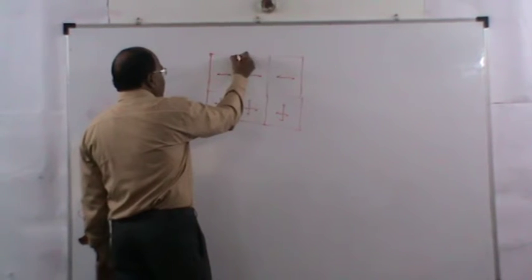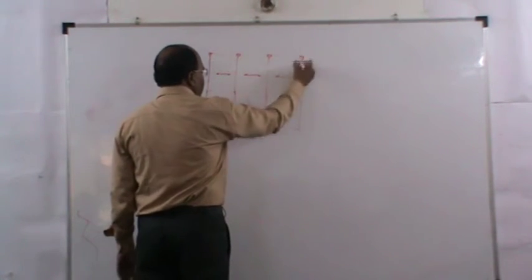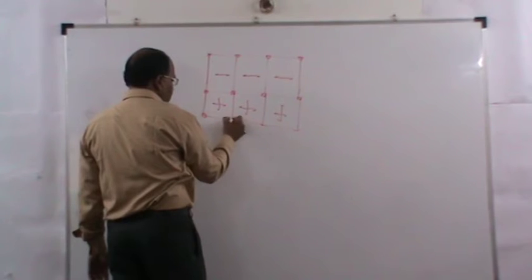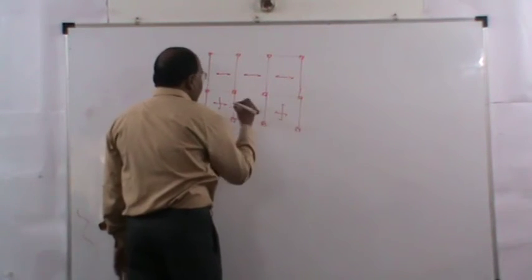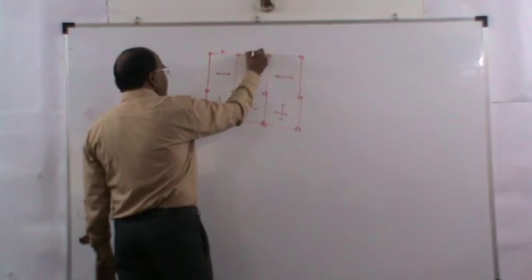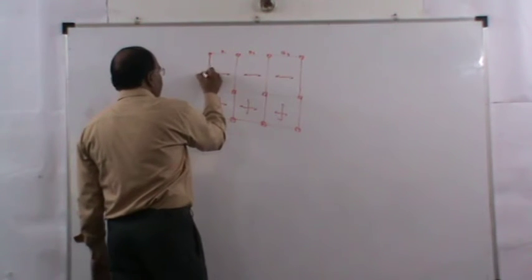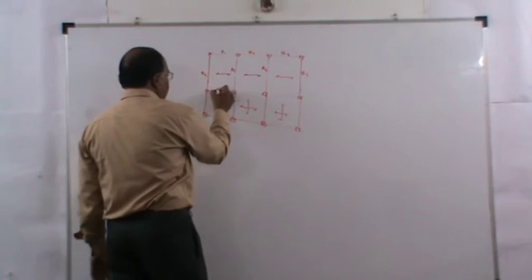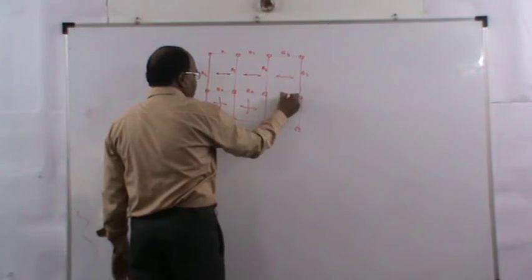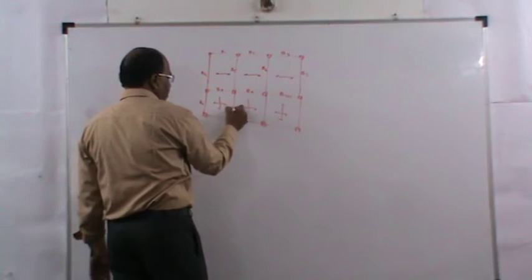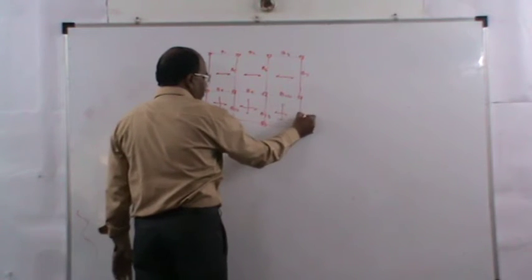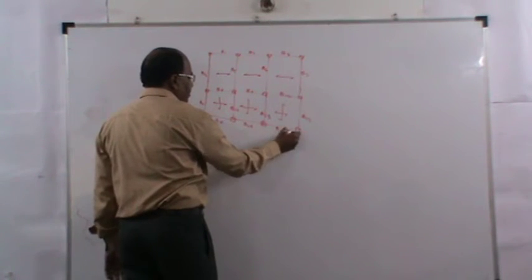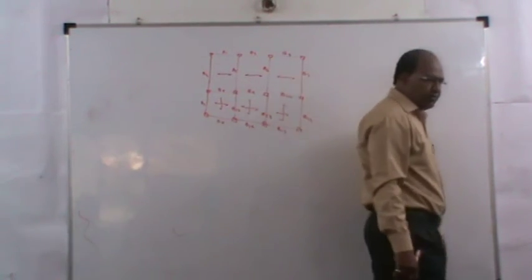Suppose there are a number of columns over here. Now suppose this is beam B1, B2, B3, B4, B5, B6, B7, B8, B9, B10, B11, B12, B13, B14, B15, B16, B17. So 17 number of beams are there.